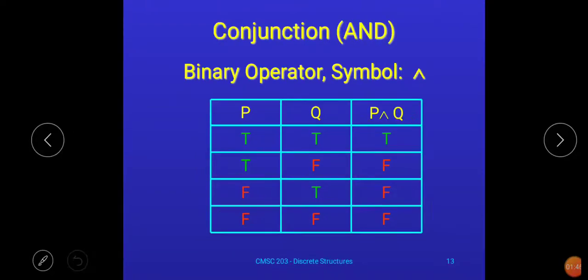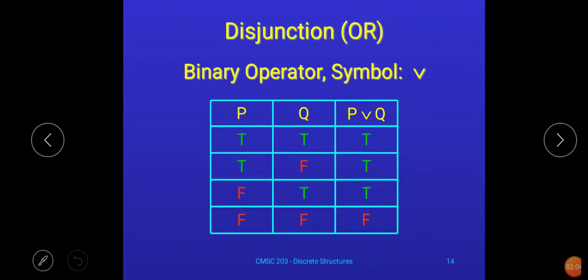So I just want to show you the truth table for AND. In case of AND, how do we remember this: if both are true, then only output is true, otherwise in all other cases it is false. Opposite to this, in case of OR, if both are false, then only output will be false, otherwise output will be true.